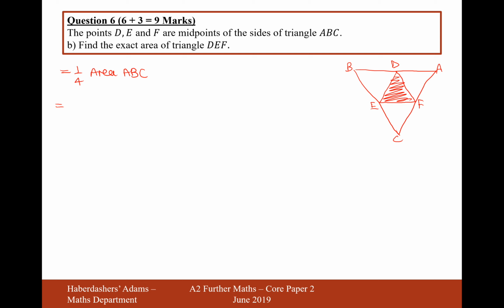Now the area ABC, we need to work out the length of one of these lines, or in fact, is there another way of doing it maybe? Using the midpoints. In fact, let's just do this. So instead, what we're going to do is divide our triangle like this.